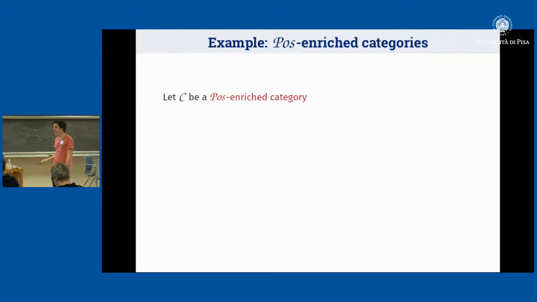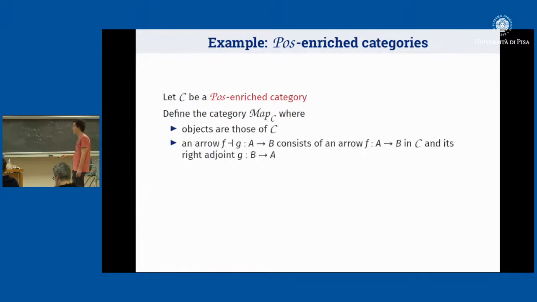Finally, if we take a category enriched over posets, we can define in the standard way the category of maps in this C, where the objects are the same, and the arrows are basically adjunctions inside the category C in the direction of the left adjoints. This basically models, let's say, functional relations inside that poset-enriched category.